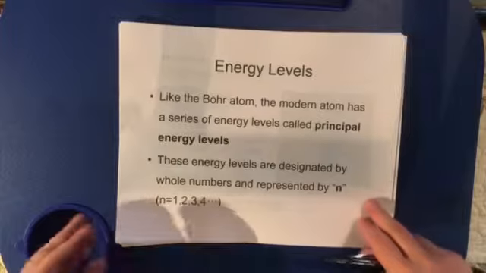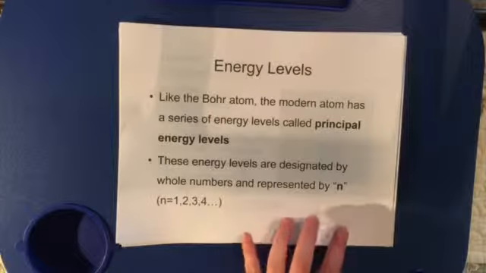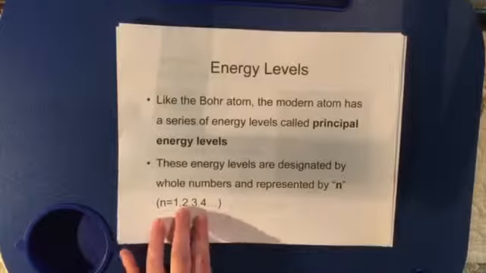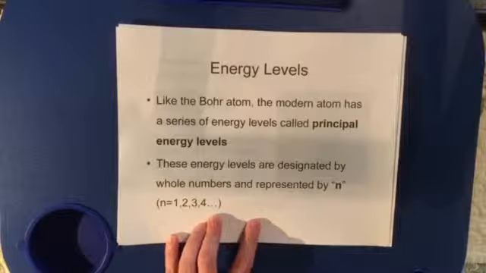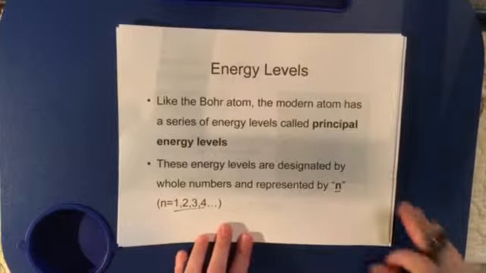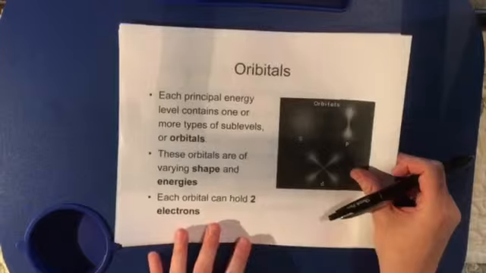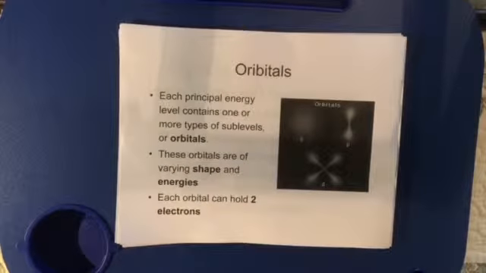And so for energy levels, like the Bohr atom, the modern model has energy levels. We call these principal energy levels, and we represent them by n equals 1, 2, 3, 4, and so on. So n is representing these different energy levels we have inside an atom. And then each principal energy level consists of sublevels called orbitals.